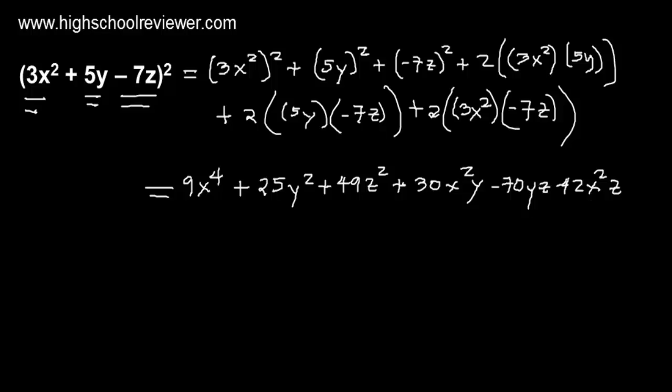So let's make this clear. This will be the negative sign. So therefore, 9x raised to the fourth plus 25y squared plus 49z squared plus 30x squared y minus 70yz minus 42x squared z is our final answer.